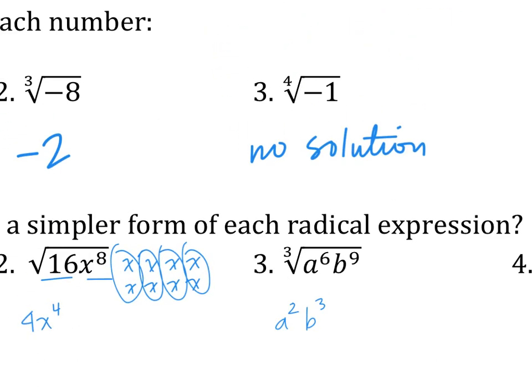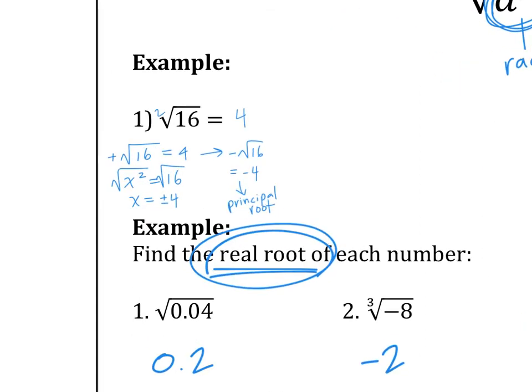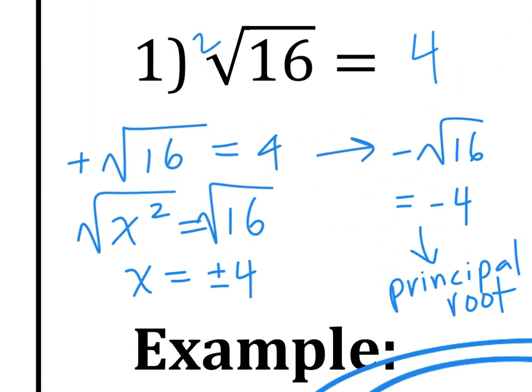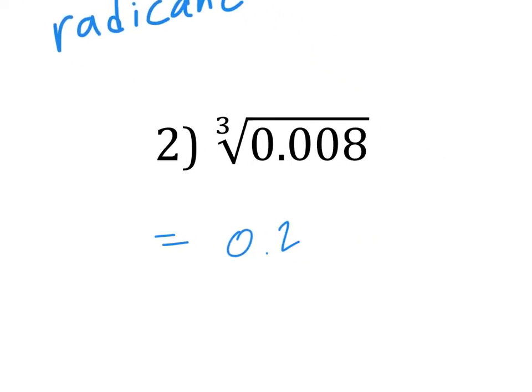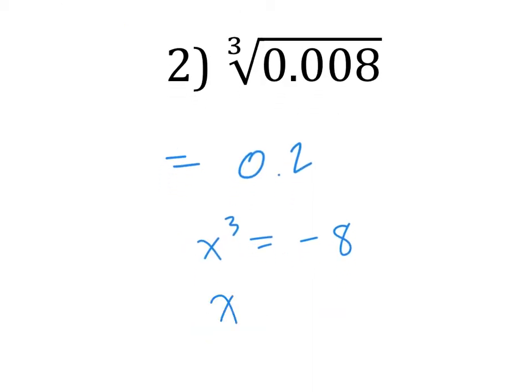Okay. When you looked at this question here, the principal root applies to square roots, or 4th or 6th, like even roots, because we have to guarantee that it comes out the sign we want. But looking at this question, the only answer that's possible is going to be 0.2. Actually, something like this. X cubed is equal to, let's say, -8. What is x? Only -2, right?